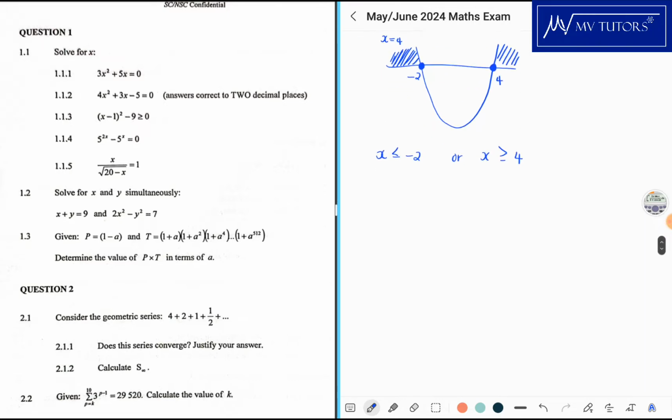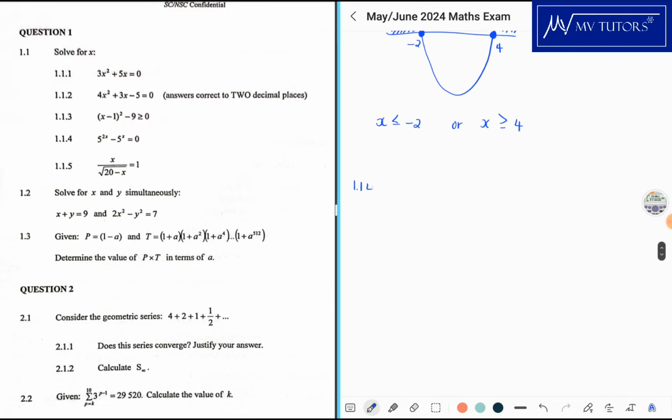All right, moving right along, we have 5 to the power 2x minus 5 to the power x is equal to 0. So in this case, think about if you had 2x squared minus x is 0. Okay, the temptation is to take the 5 to the power x to the other side.